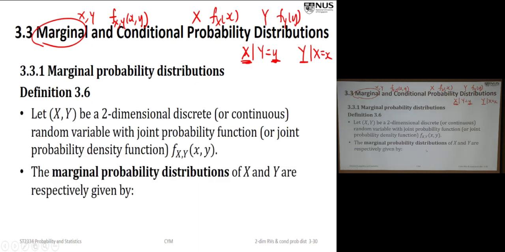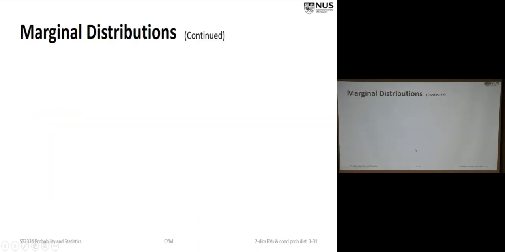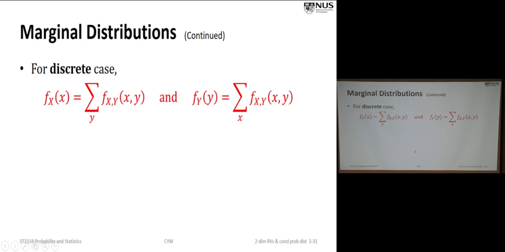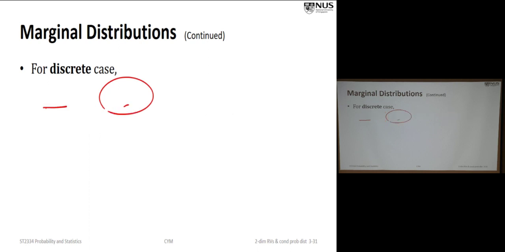Here's the definition. The marginal distribution is given by this. This is very simple. Basically, for the discrete case, I add up all the probability functions with the same x value. In other words, it doesn't matter what the y value is.